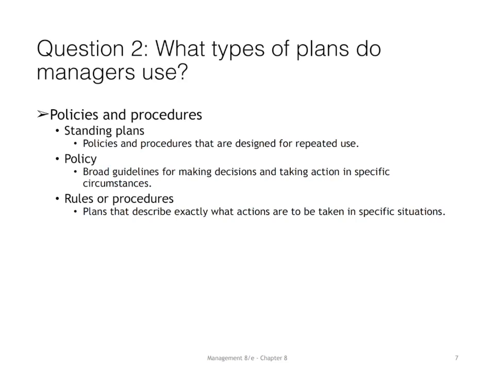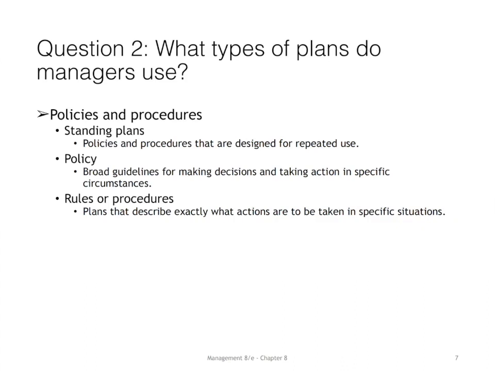Policy is a guideline. How about the rule? A rule is a plan that describes exactly what actions are to be taken in a specific situation. So the rule is specific.